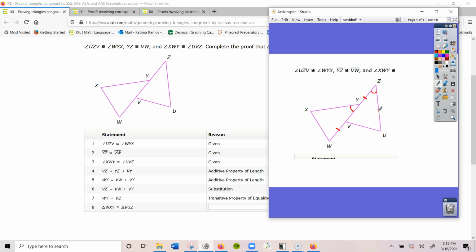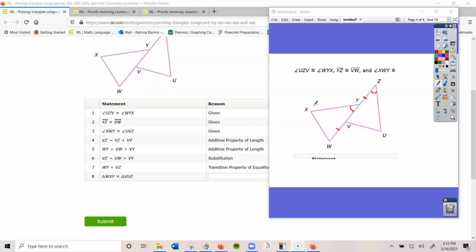So what we have here is, let's see. We only seem to have one main side and one angle. Sorry about that.